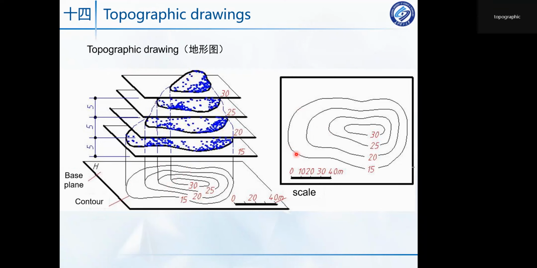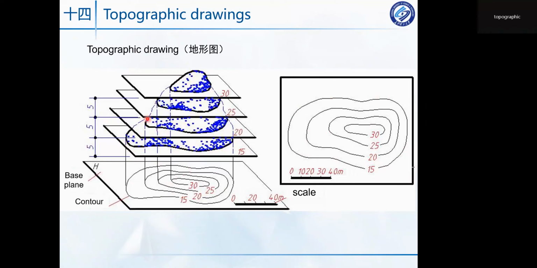And you can see this contour. This contour is equal to this line. This line is the section line between the cutting plane and the real object.